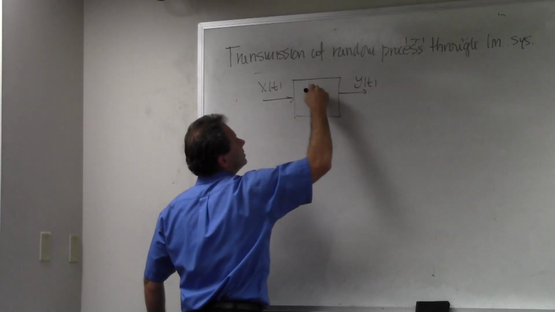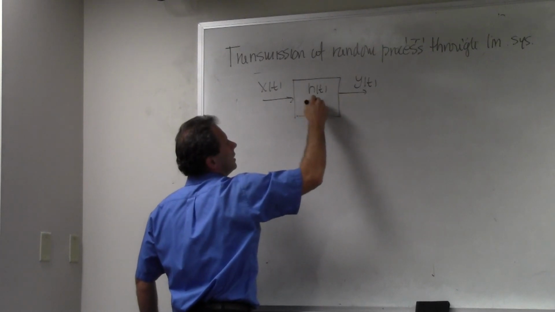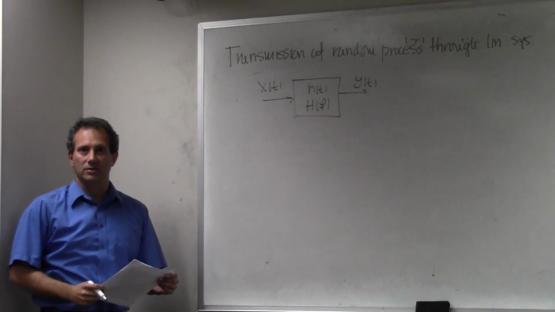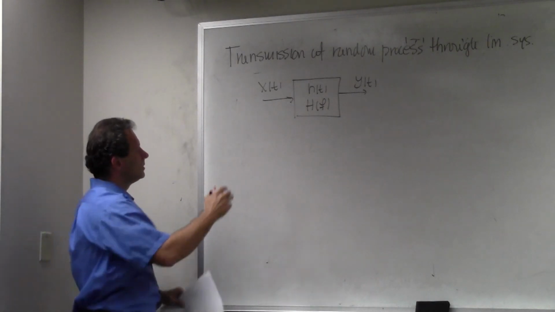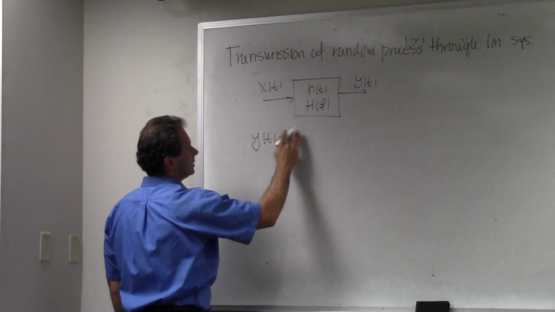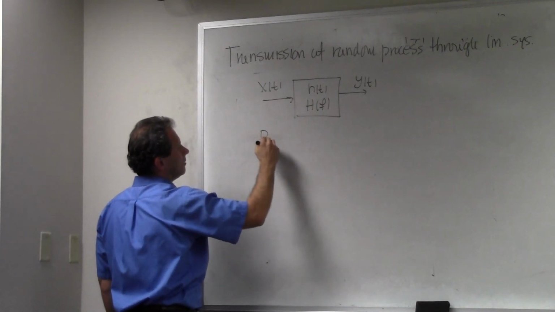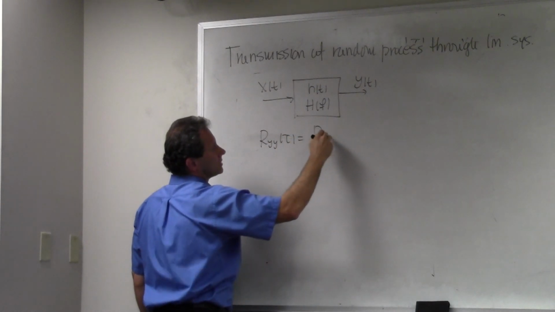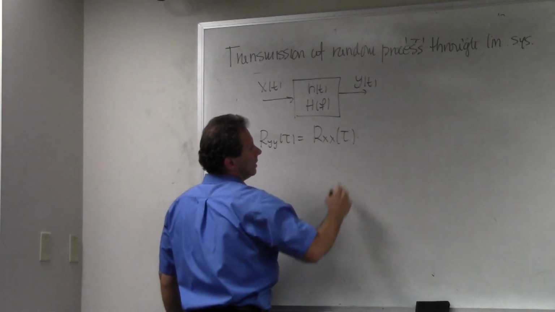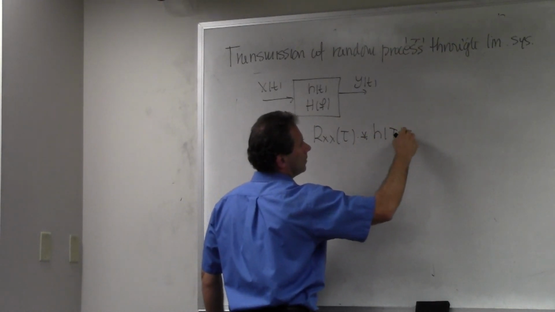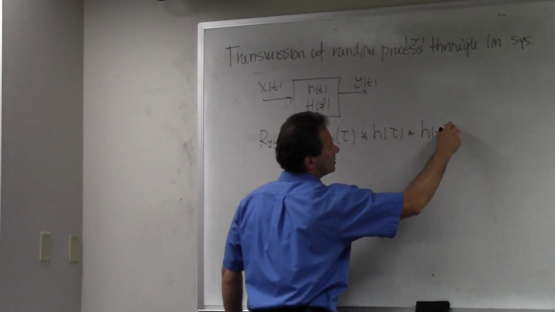And then there's this system with impulse response h of t, and its Fourier transform, which we call frequency response, H of f. We have the following relationship, which I explained to you how you would get: that Ryy of tau is going to be Rxx of tau convolved with h of tau convolved with h of minus tau.